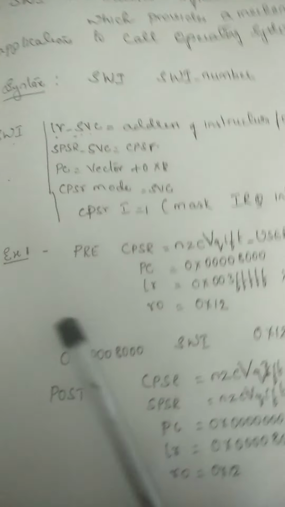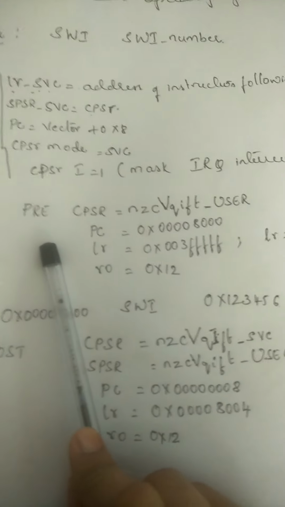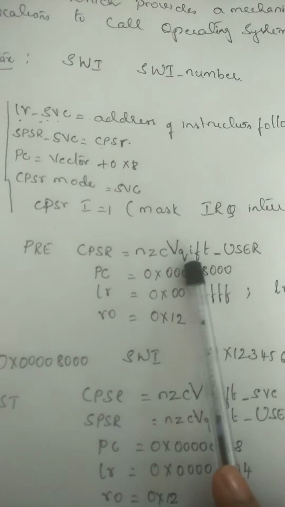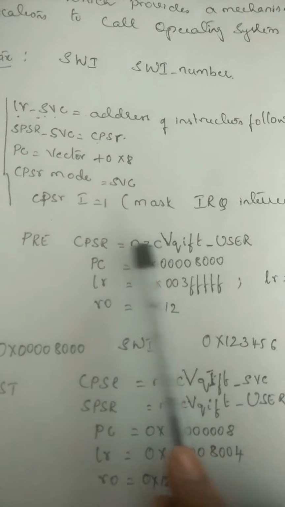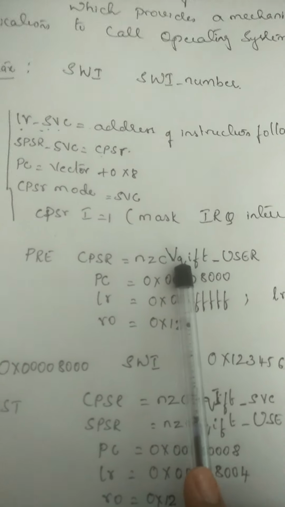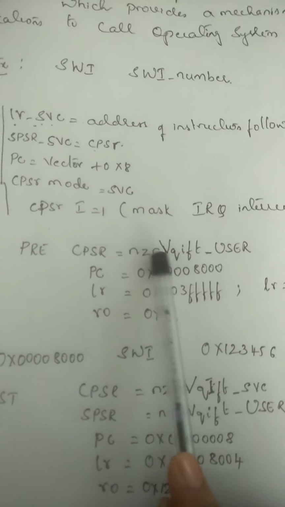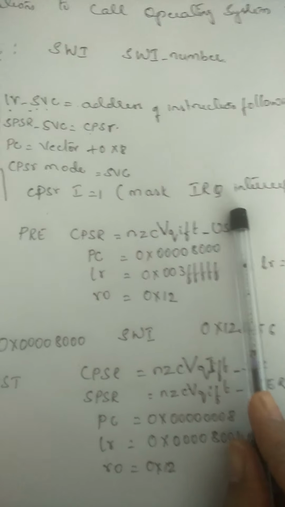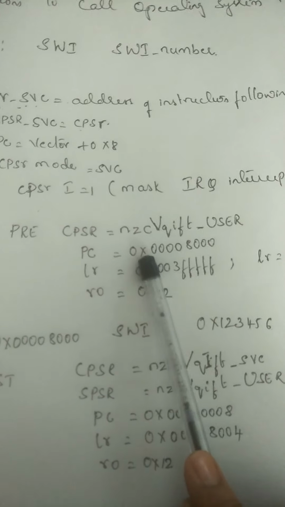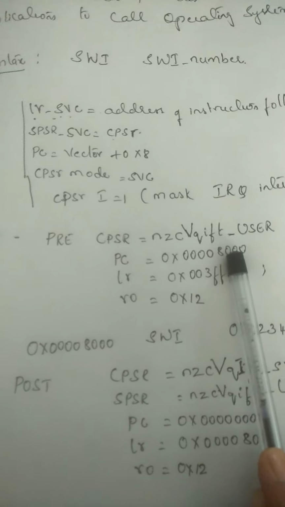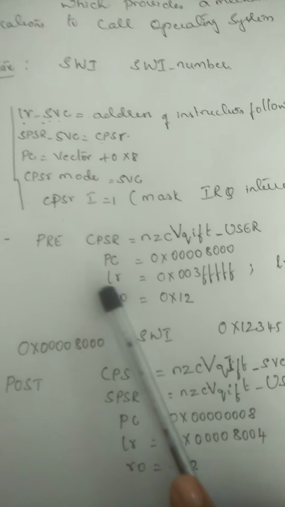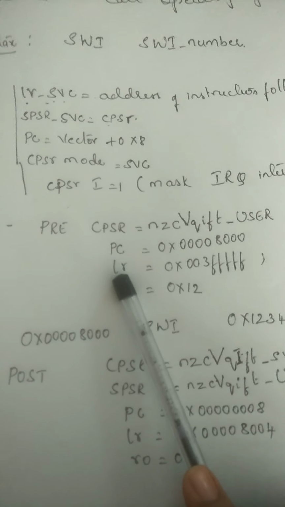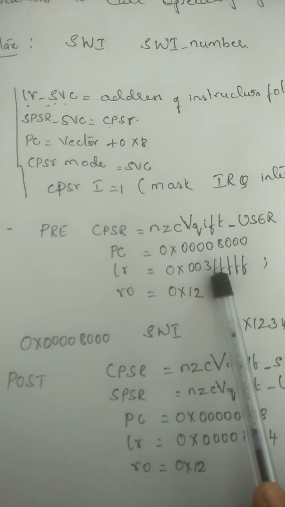Okay, let us take one example. Precondition: CPSR nzcVqIFT_user. Here N, Z, C, V, Q are all flags. Here the V overflow flag is enabled and it is in user mode. The program counter is the next address to be executed, and LR is the link register.